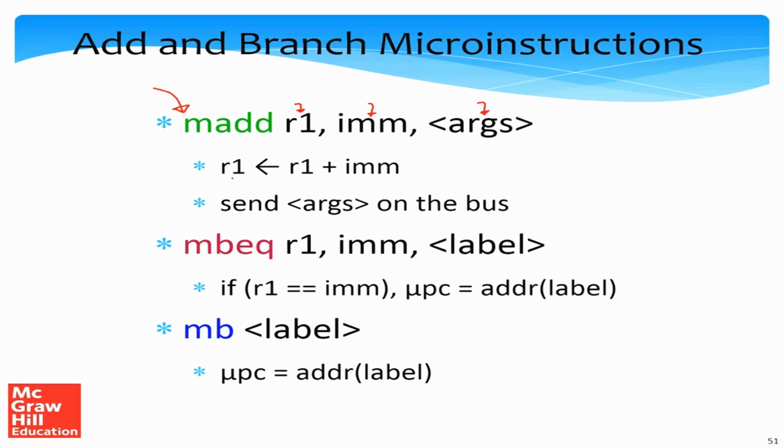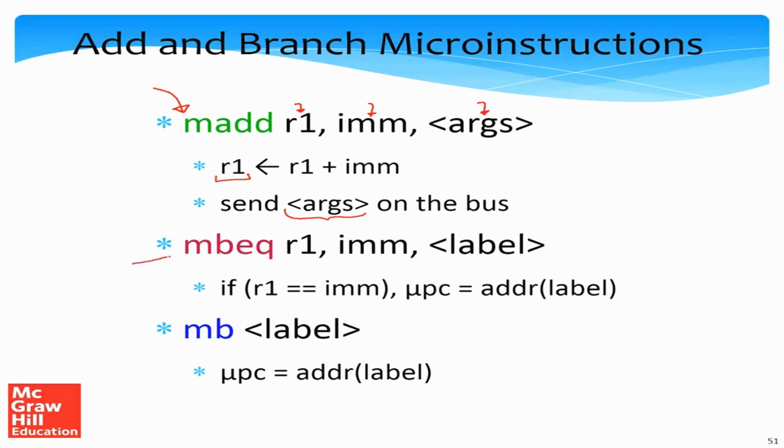What it does is that it sets R1, similar to x86 where the one destination and source are common. So R1 is set to the old value of R1 plus the immediate. R1 is equal to R1 plus the immediate, and we send the value of args on the bus. The arguments we send them on the bus.